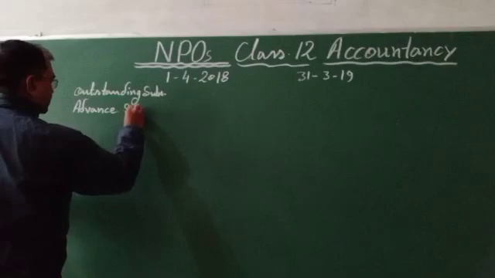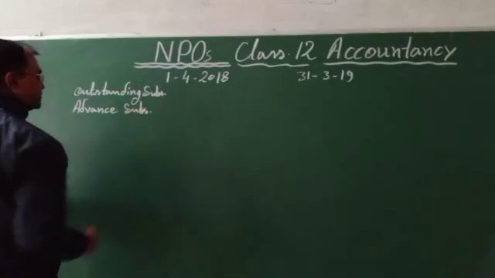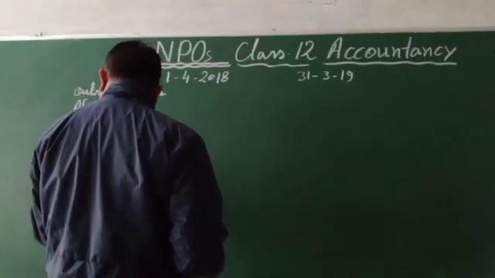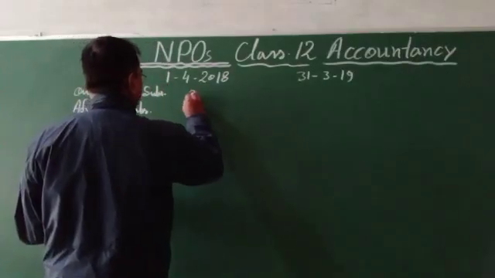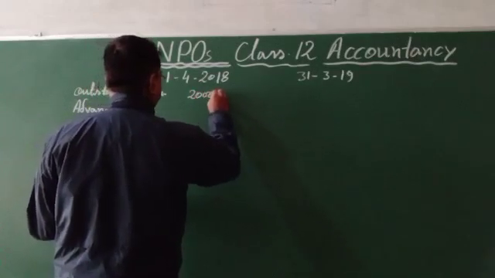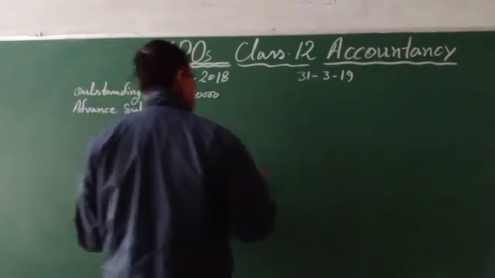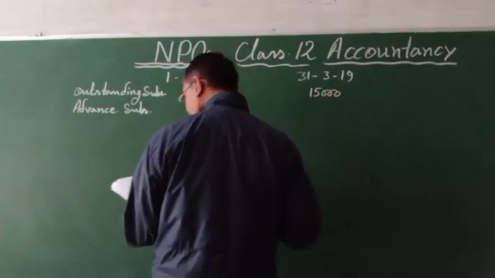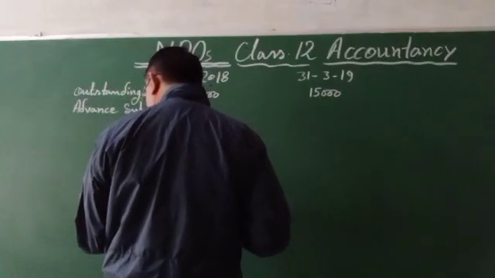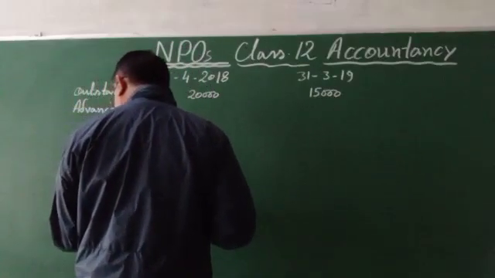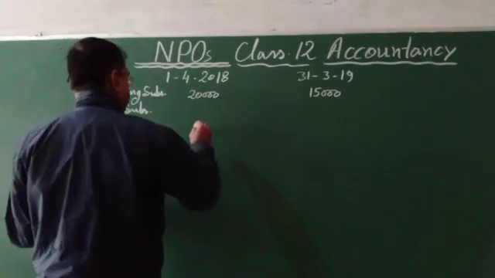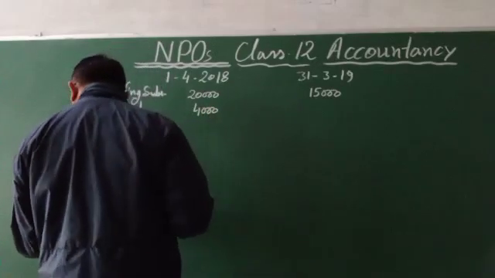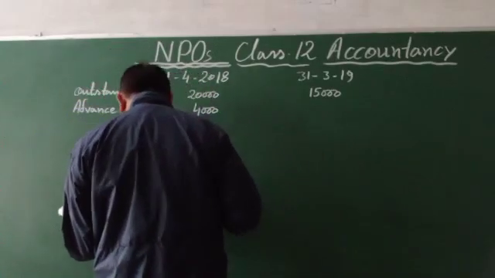The outstanding subscription is given as 20,000 and 15,000, and the advance subscription is 4,000 and 6,000.